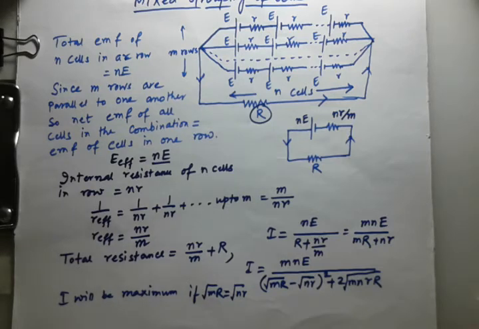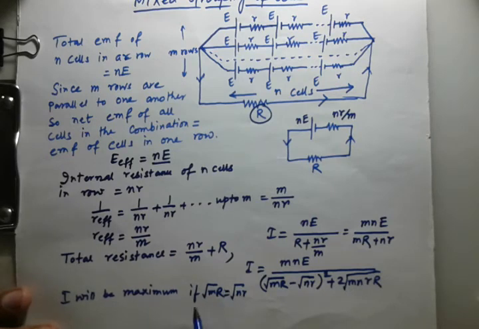Okay, so in order to get the maximum current, the grouping should be done in such a way that the external resistance is equal to the effective internal resistance of the cells. So R will be equal to nr by m.